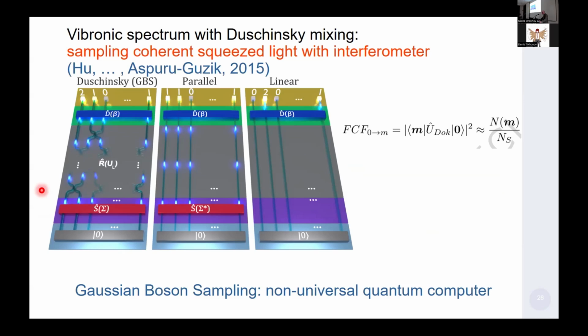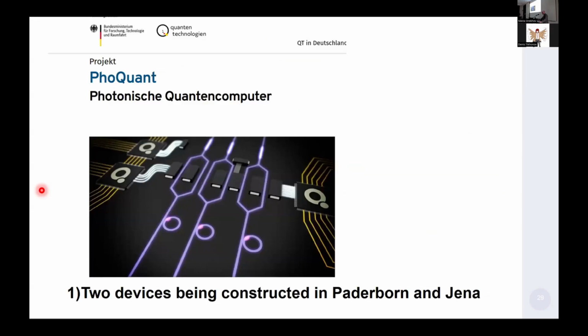And this was developed theoretically by Aspuru-Guzik and his group 15 years ago and hadn't been realized experimentally until 2 years ago, by a group from Singapore. German work on this began in 2022, which was first a debacle as a huge consortium couldn't even write a report.